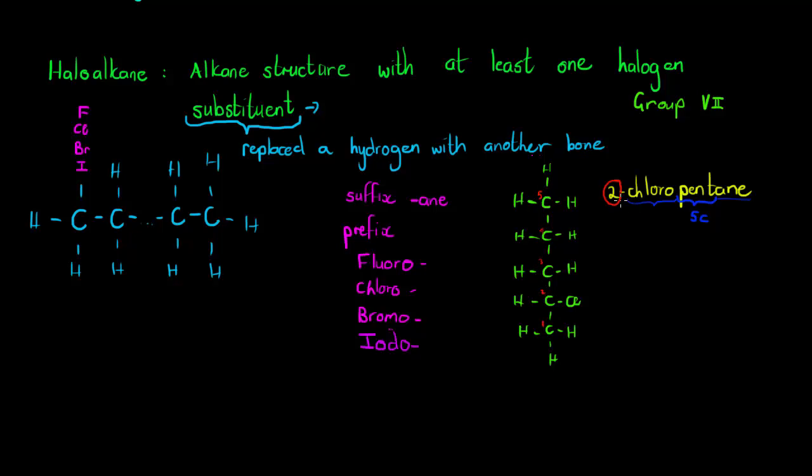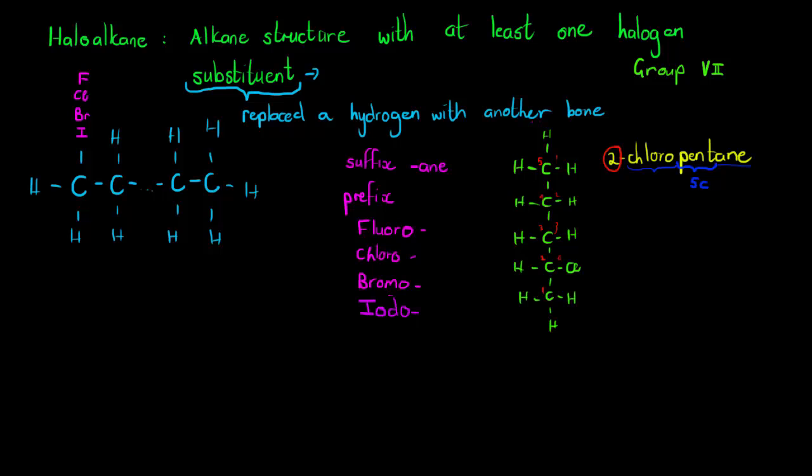And so the 2 just tells me which carbon is the first to have a chlorine, depending on where I'm numbering from. This number will always be the smallest possible number. If we numbered from this side, it could have been 4-chloro, but that's not the convention. That will confuse people. So we choose to number so that the substituent is the closest to the number 1 carbon.